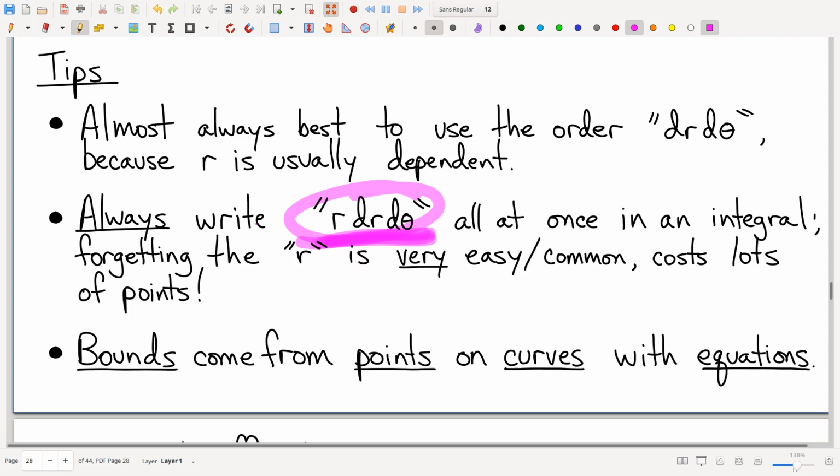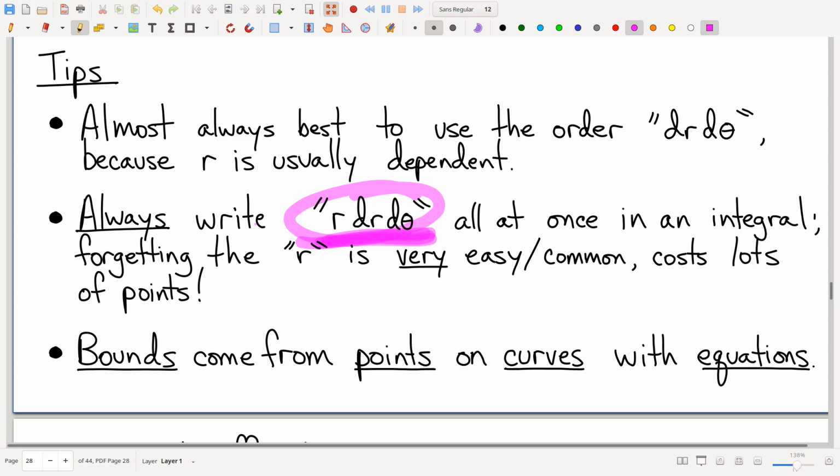This is actually a really natural thing to do. dr d theta by itself is basically never useful. If you're going to do an integral in polar coordinates, it is a change of variables. You will have that stretching factor. You must have r with the dr d theta. You might as well write it down at the same time.